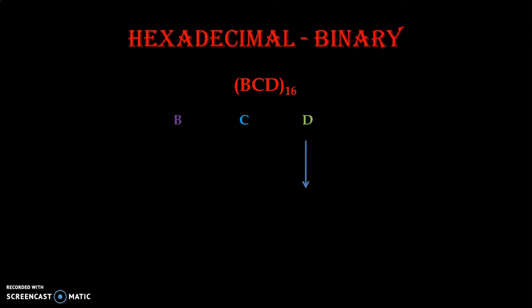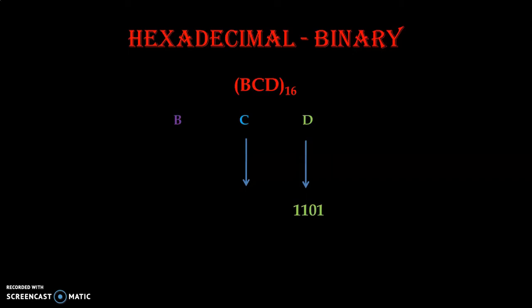So for D, equivalent value is 13, and for 13 in binary we can write using 8421, 1101. So 8 plus 4 plus 0 plus 1, so it is 13.